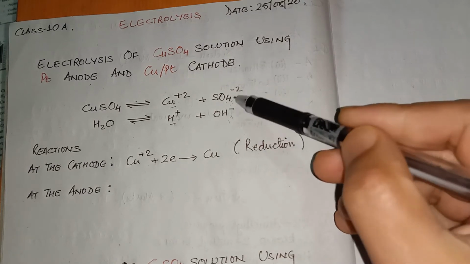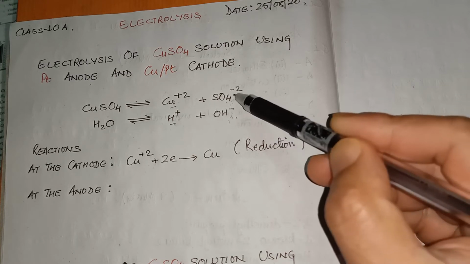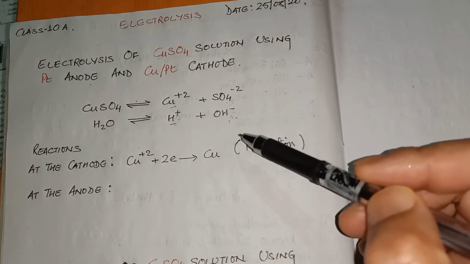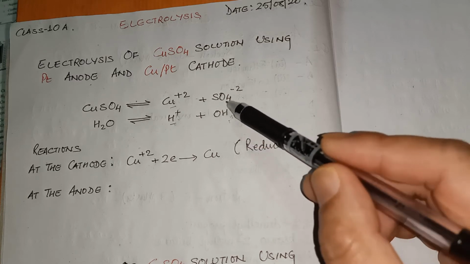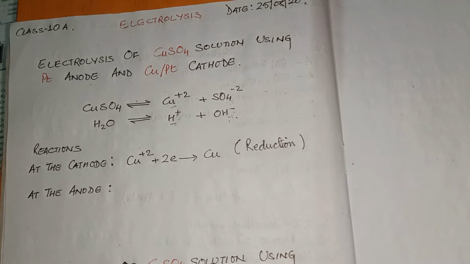Now let's go to the anions. We again have two types of anions, and according to the electrochemical series of anions, hydroxide ion will be more readily discharged compared to sulfate ion, because hydroxide ion is at the bottom of the anion series.